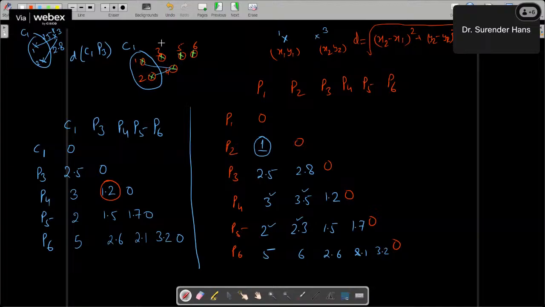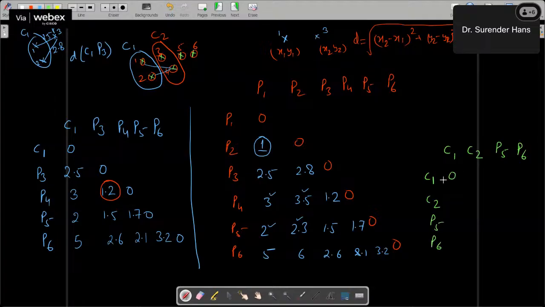So P3, P4 will become one cluster, and you can call it C2. Correct? So now the next matrix that I'm writing here is C1, C2, P5 and P6.